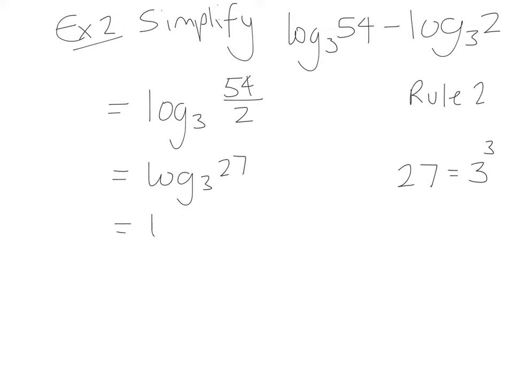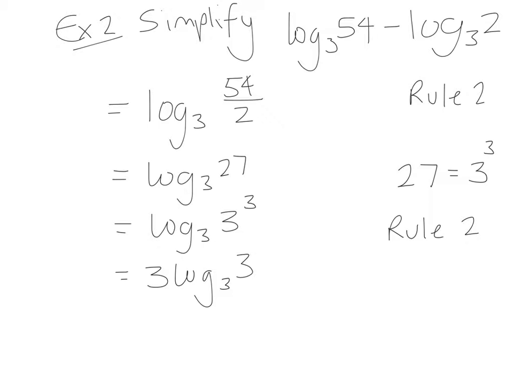So we can write that as log to the base 3 of 3 cubed, and use rule number 2 to bring the highest power 3 to the front. Well, a lot of 3's in this question. So we've got 3 times log to the base 3 of 3, and log to the base 3 of 3 is equal to 1. So we again have 3 times 1, which is 3.